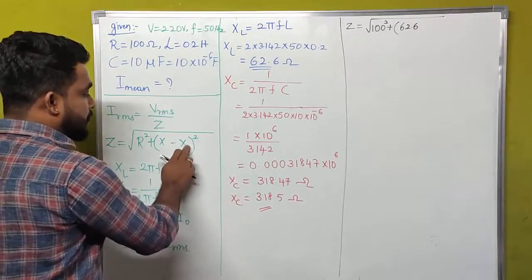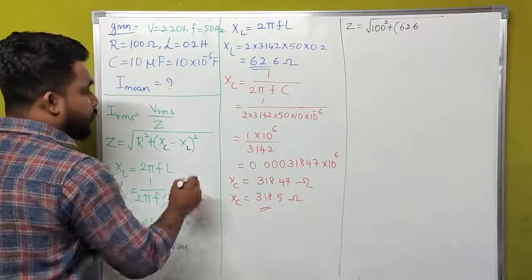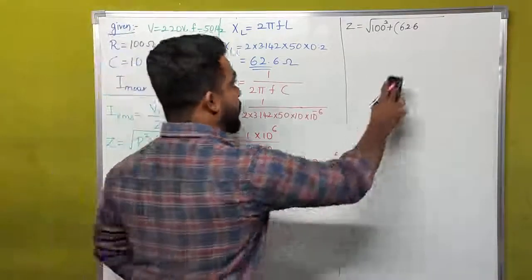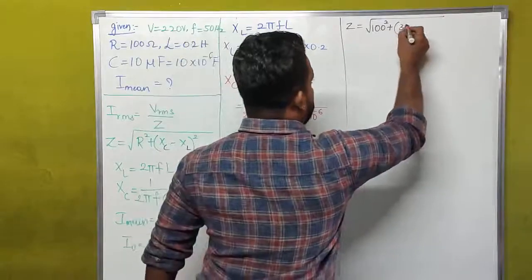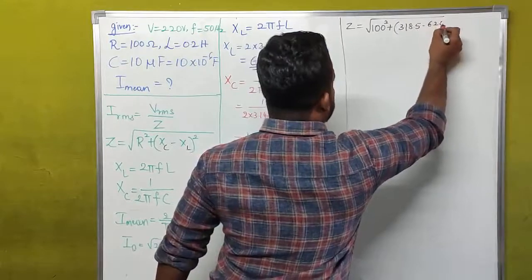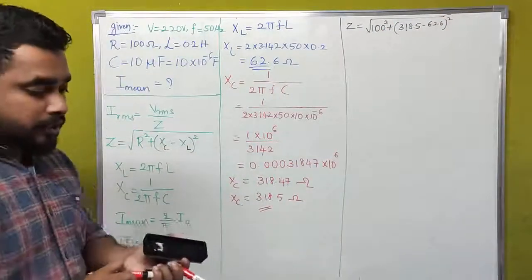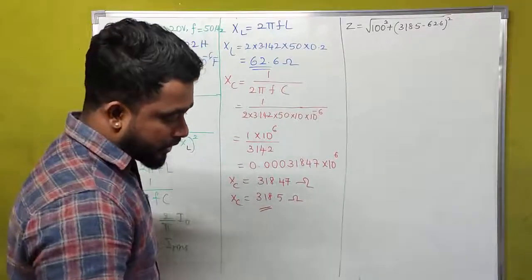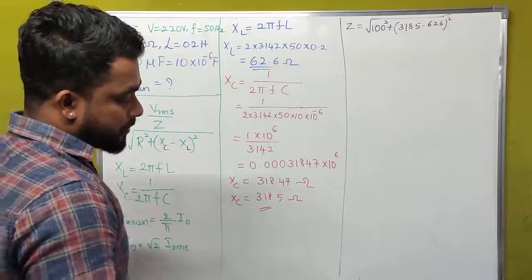If Xc is greater than XL, then current leads voltage. Then the expression will be like this. That is 318.5 minus 62.6 whole square. This is the value of impedance of a circuit.